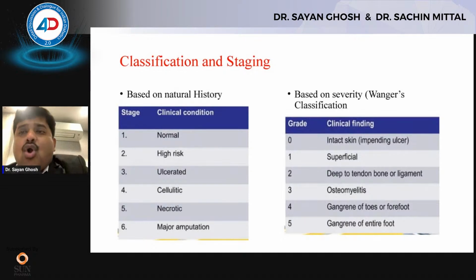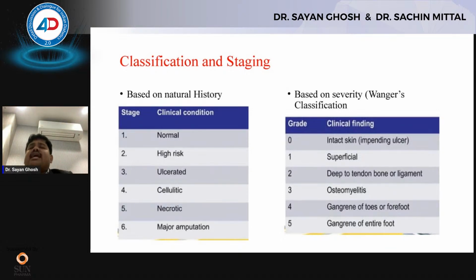Other than that, fissures or cracks in the foot are very common in all individuals, even non-diabetic individuals. But in diabetic individuals, these micro cracks or fissures can give entry to infections into the foot, and that may be devastating, leading to the formation of a larger foot ulcer.